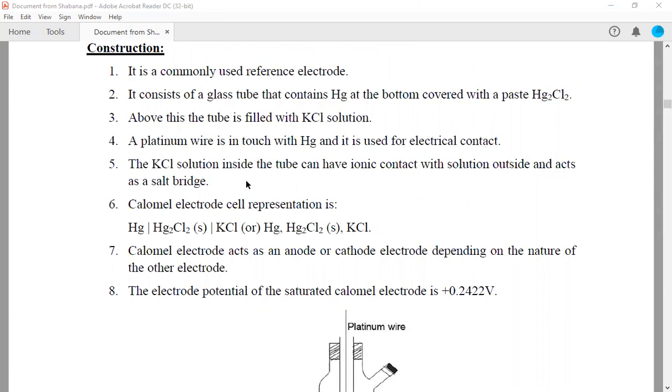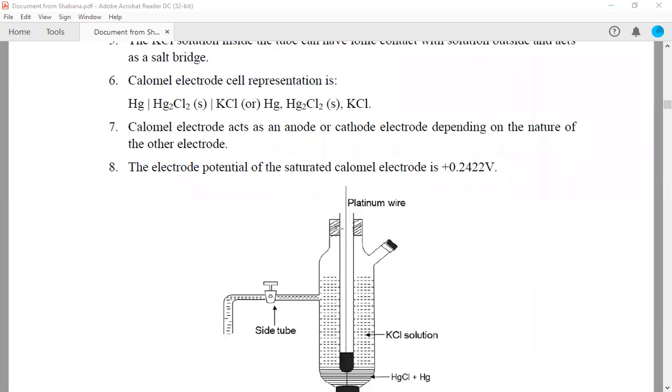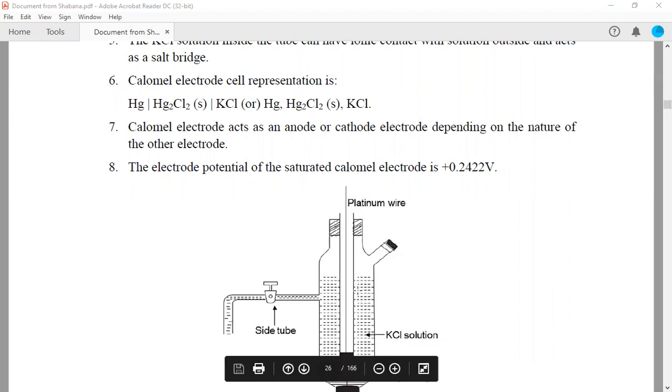The KCl solution inside the tube can have ionic contact with the solution outside and acts as a salt bridge. The Calomel electrode acts as an anode or cathode, depending upon the nature of the other electrode. Another inlet is there at the right side of the Calomel electrode to pour the KCl solution into it.